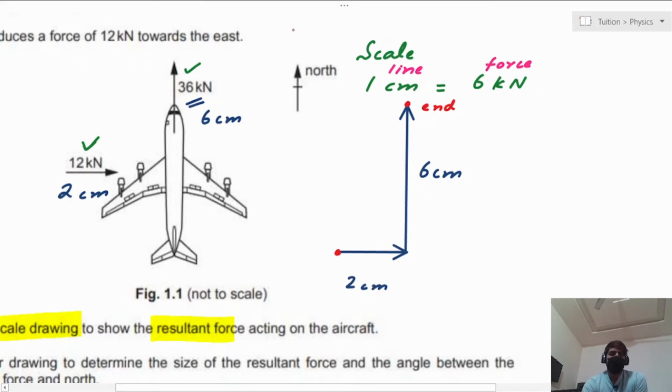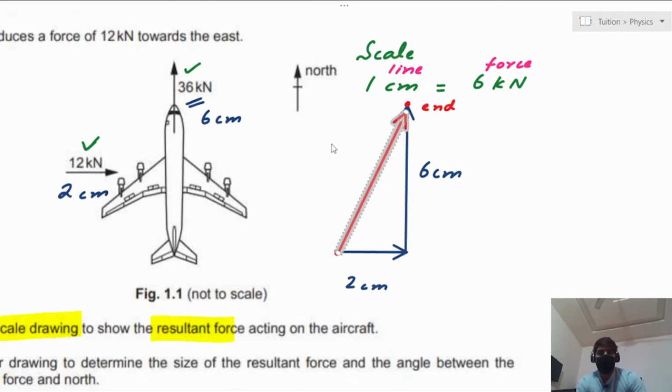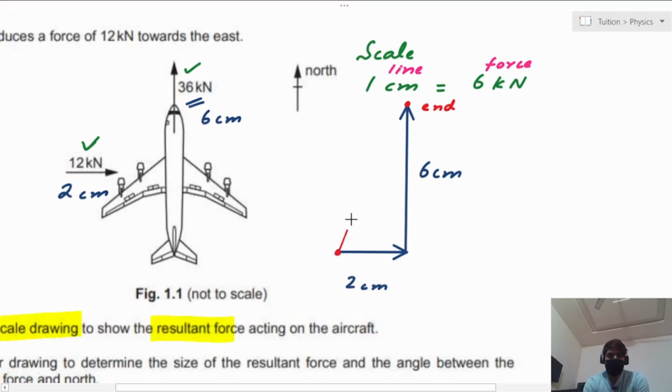And the final step is that you draw a line from the starting point to the end point. Join the starting point to the end point, just a plain line here. So this one is your resultant force.